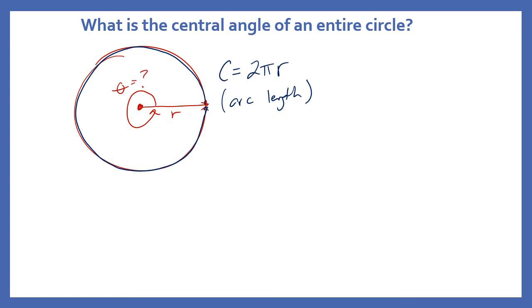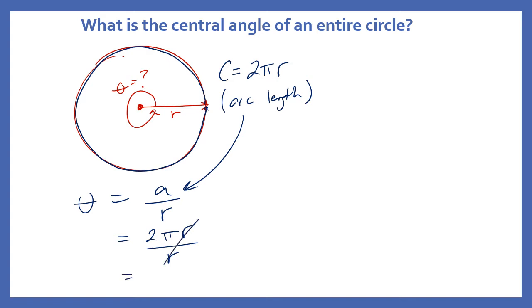So we can use that with the formula that we just saw. Theta equals A over r. I know what my arc length is. It's the circumference of my circle, which is 2 pi r. So 2 pi r over r, and look at that, the r's cancel.